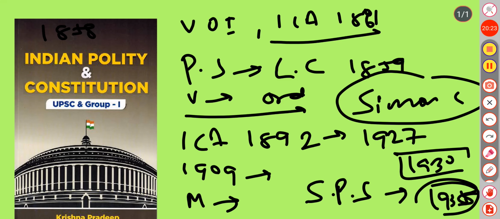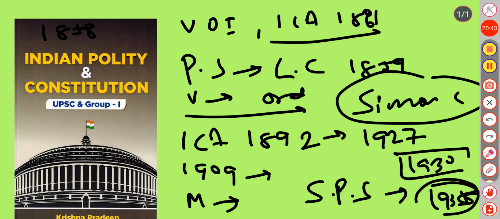So you know, dominion status was provided by the Simon Commission in 1929 and was not conferred by the Government of India Act 1935.